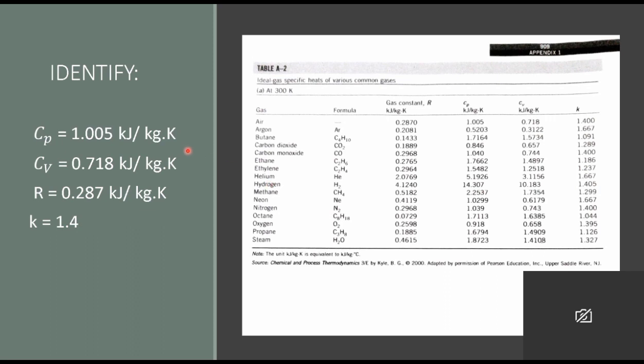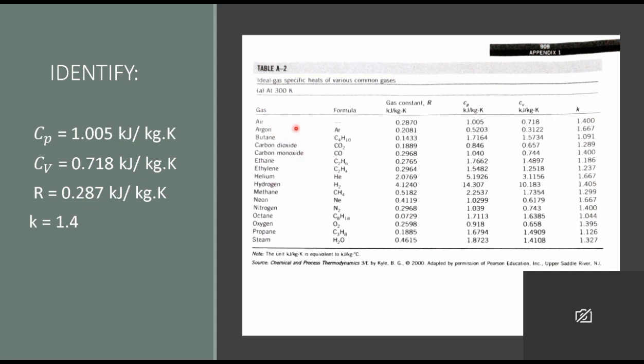Now, let's identify the Cp, the Cv, the R, and the k of the air. The Cp is the specific heat at constant pressure and the Cv is the specific heat at constant volume.